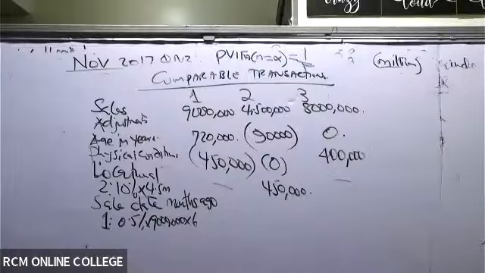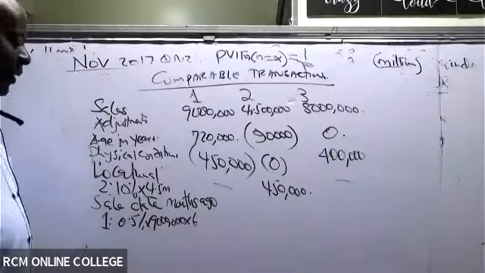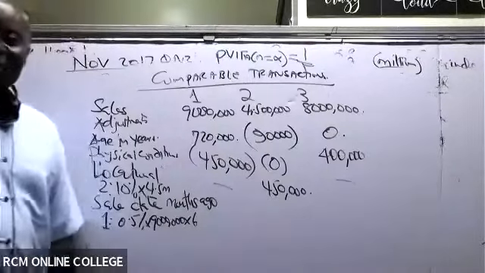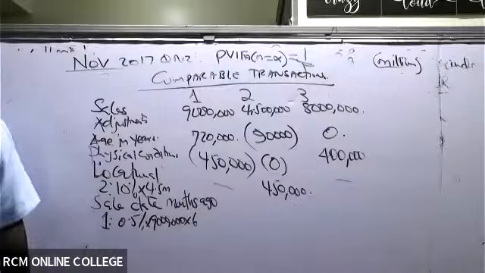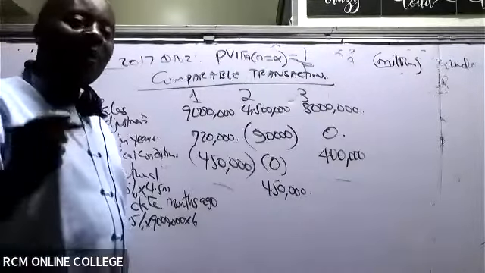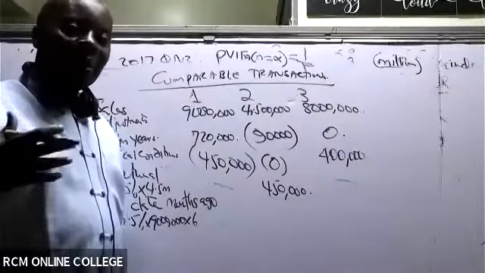Are you able to give me this figure? 270,000, right? 270,000.